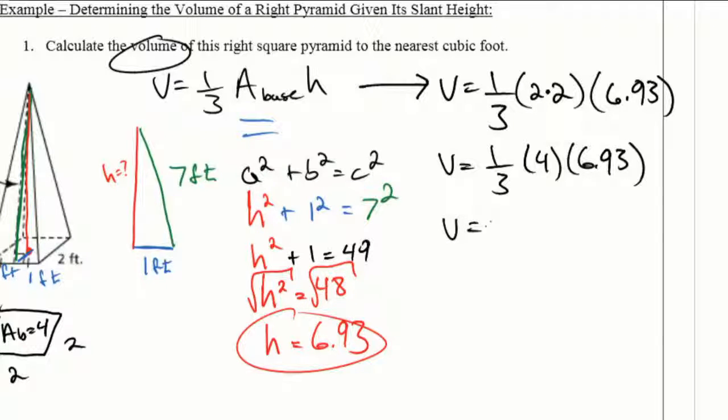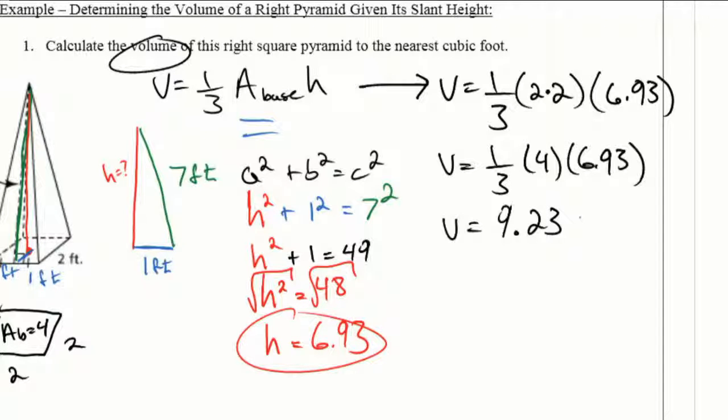In my calculator, I still have that 6.93 in my window, so I'm going to multiply by 4, hit equals, and then take that, it's 27.7, and divide it by 3. So I'm going to work my way backwards across the formula. I end up with 9.23.